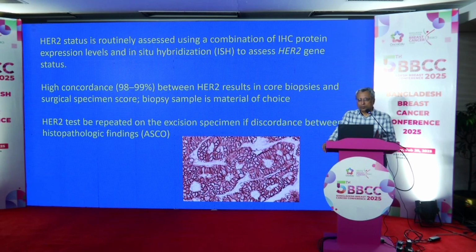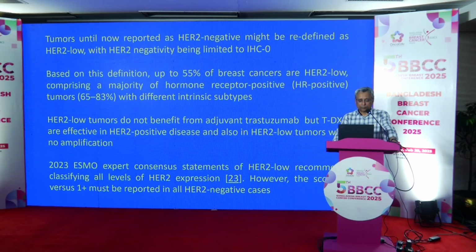It could be done on the biopsy sample, or on the excision. Most commonly, the first step is to do IHC. Then, if needed, you can do in situ hybridization, which could be FISH or DISH, depending on which country or which lab you're working in.